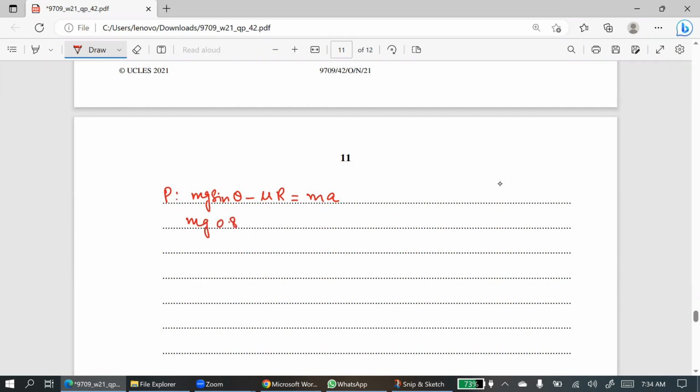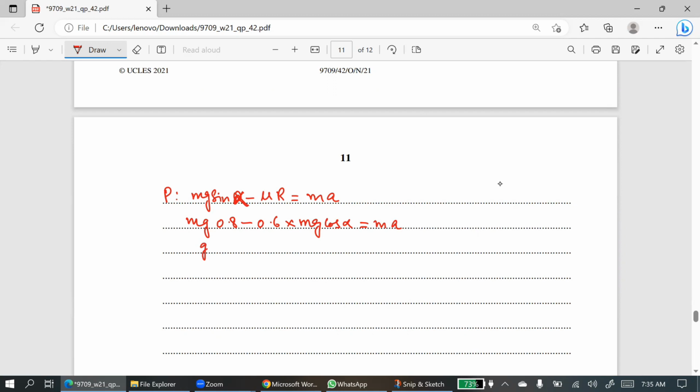Mg into 0.8 minus mu, which is 0.6, into normal reaction, which is mg cos alpha, is equal to m into a.